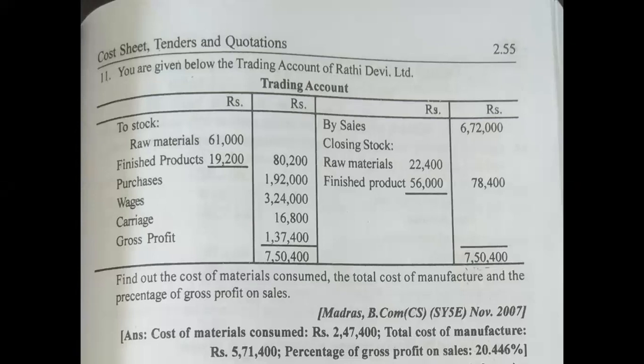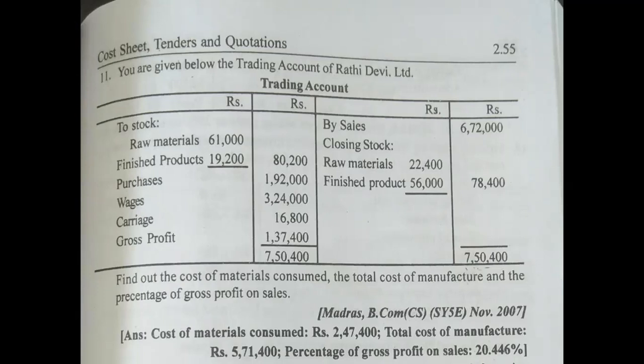Here only one difference is given in the trading account: opening stock and closing stock are given in two kinds, opening stock of raw materials and opening stock of finished goods. The same thing is given on the credit side also: closing stock of raw materials, then closing stock of finished goods. Okay, so this is the trading account.